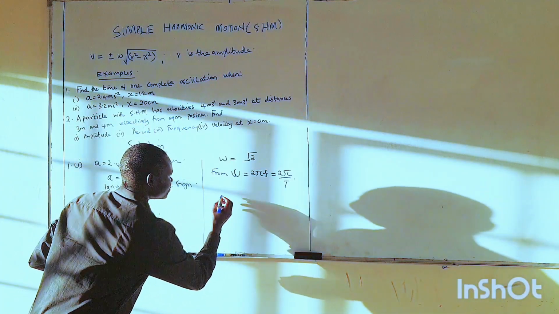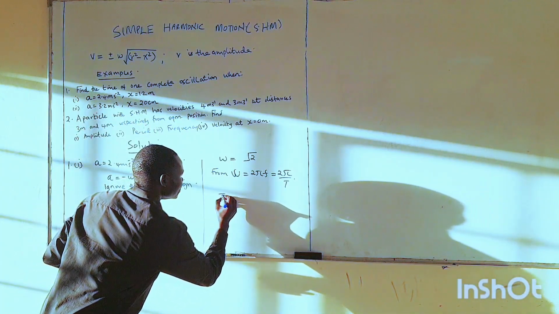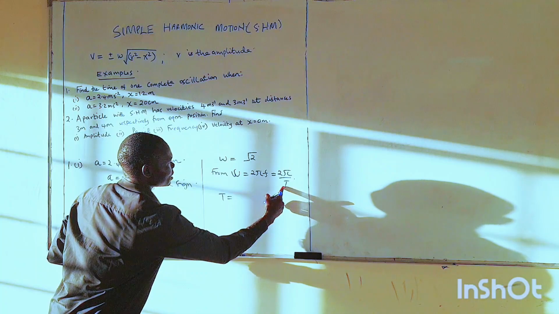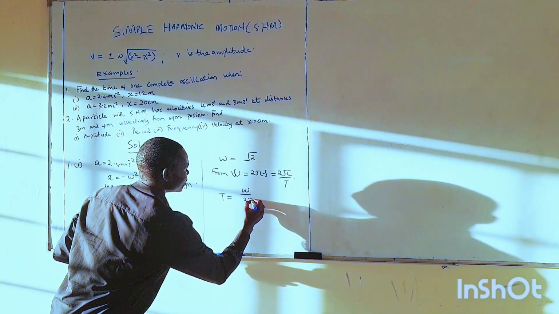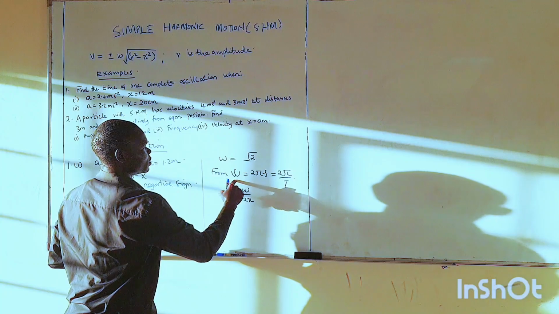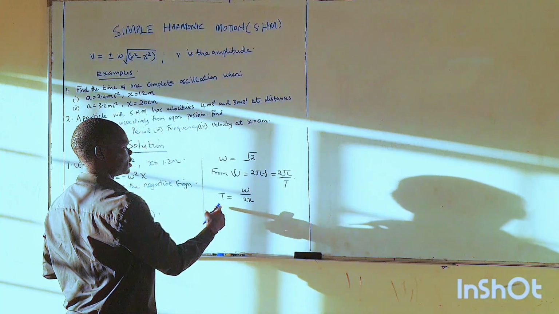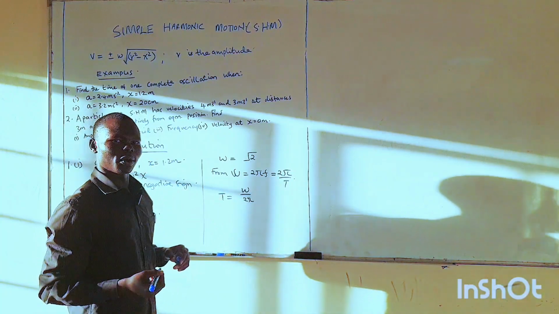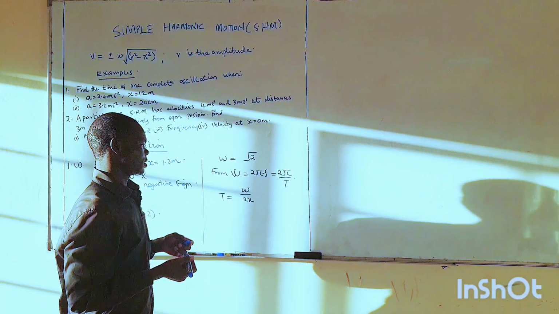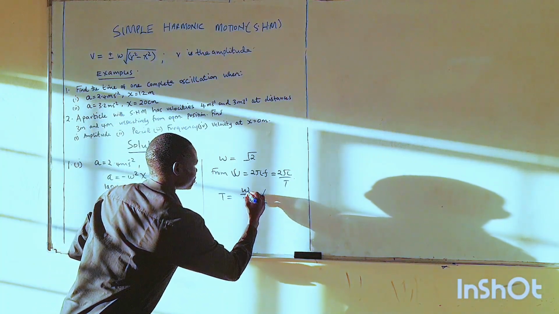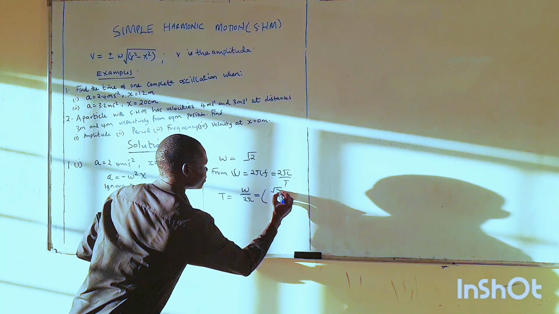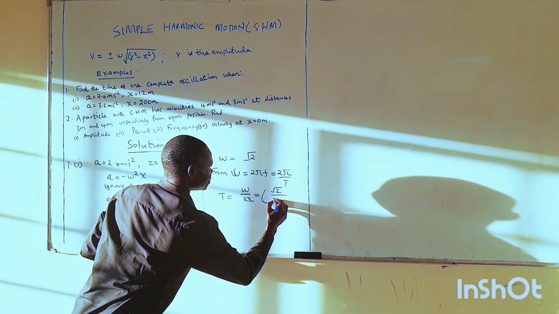Now we shall say T is equal to, make T the subject, of course we shall have mu divided by 2 pi. After equating mu is equal to 2 pi over T, we shall have T is equal to mu over 2 pi. So we substitute and obviously we get the answer. So mu is equal to root of 2, over 2 pi.